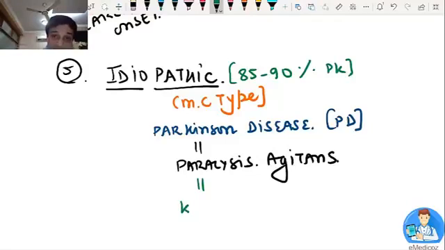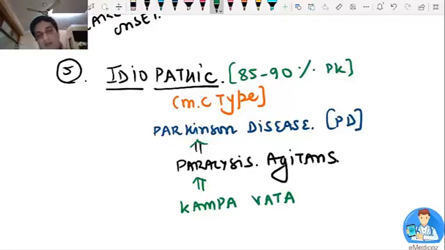Don't write this, I'm just telling you for your information. There was an old Sanskrit name known as Kampavata, which was replaced by paralysis agitans, which is now replaced by Parkinson disease. Now look at the word Kampa. Kampa means tremors. Vata means metabolic derangement. So there was a metabolic derangement in the patient's brain that resulted in tremors. Kampavata, Sanskrit name.